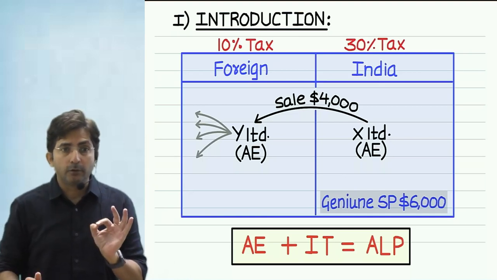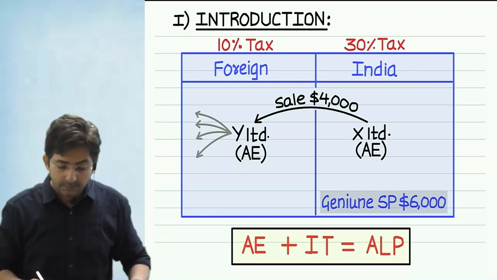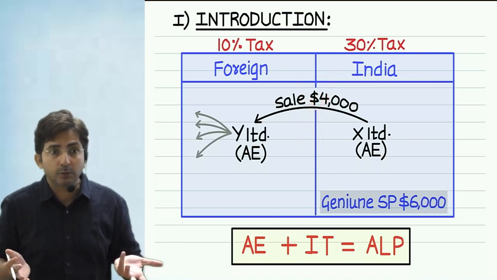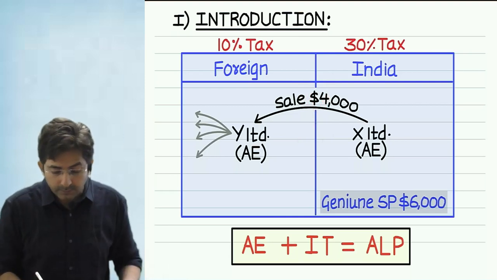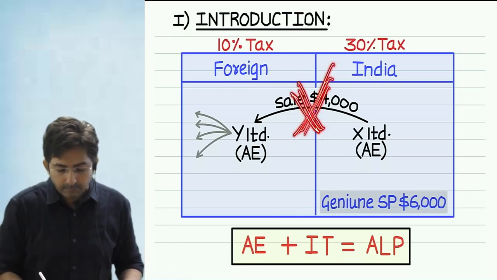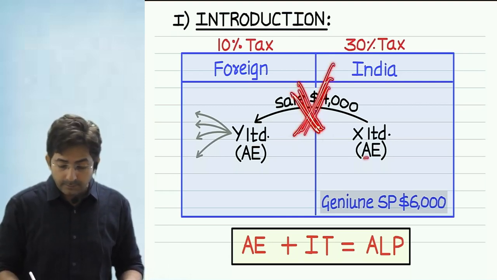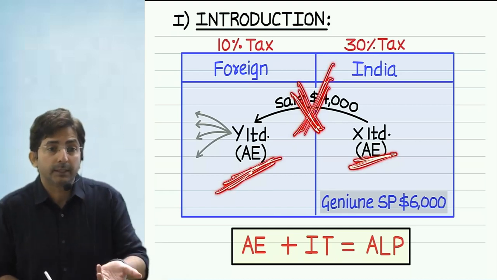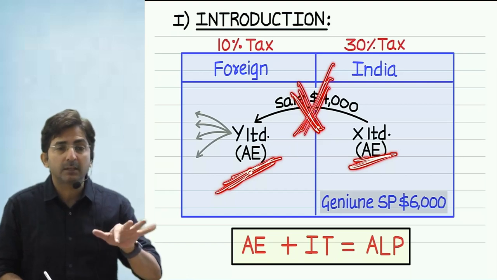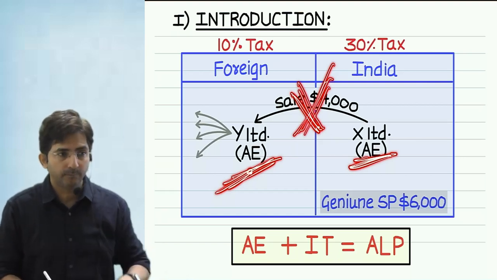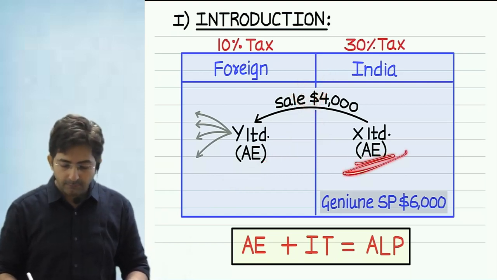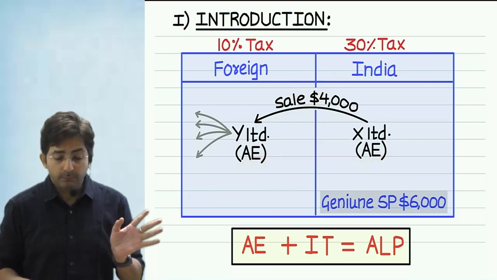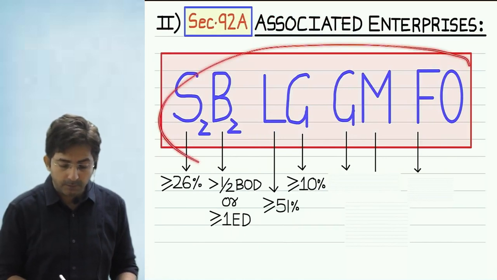The idea is under what circumstance we will not trust the price. I can put it like this also. Under what circumstance should we not trust the price? Under a circumstance when they are associated. And they are said to be associated in any one of these circumstances from sub-clause 4. X and Y will be called associated in any one of the circumstances from sub-clause 4.